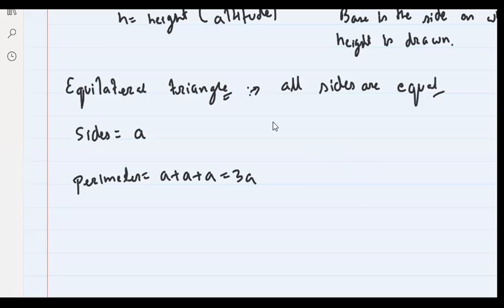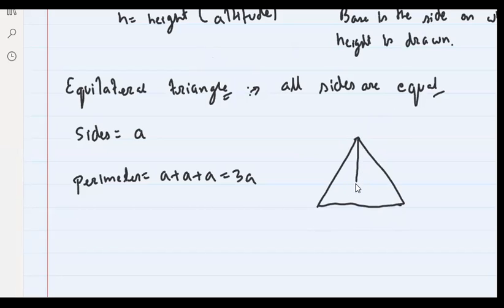Now, someone asked me how to find height. If it is a scalene triangle or isosceles triangle, height will be given. But suppose we have an equilateral triangle. Now there is a property of equilateral triangle.